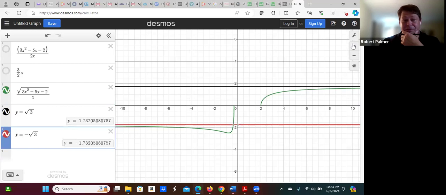We actually have two in this case. Let's write that down. As this function goes to positive infinity, it goes to positive square root of 3.